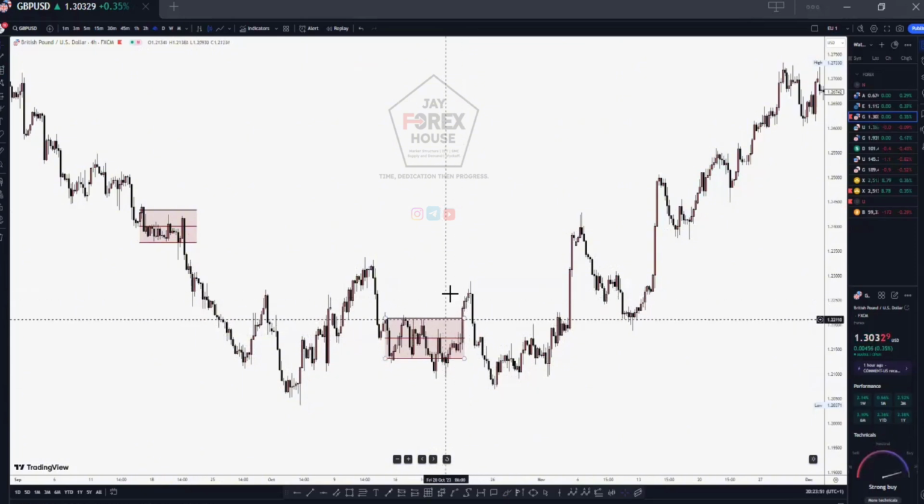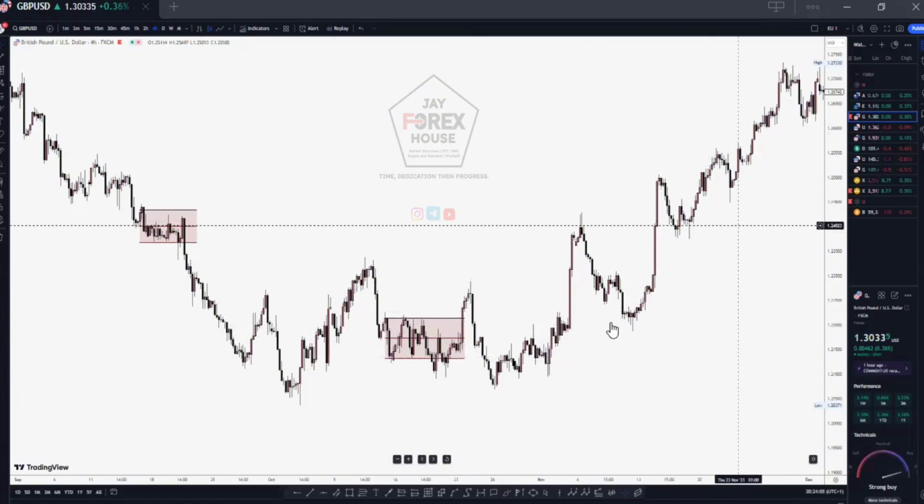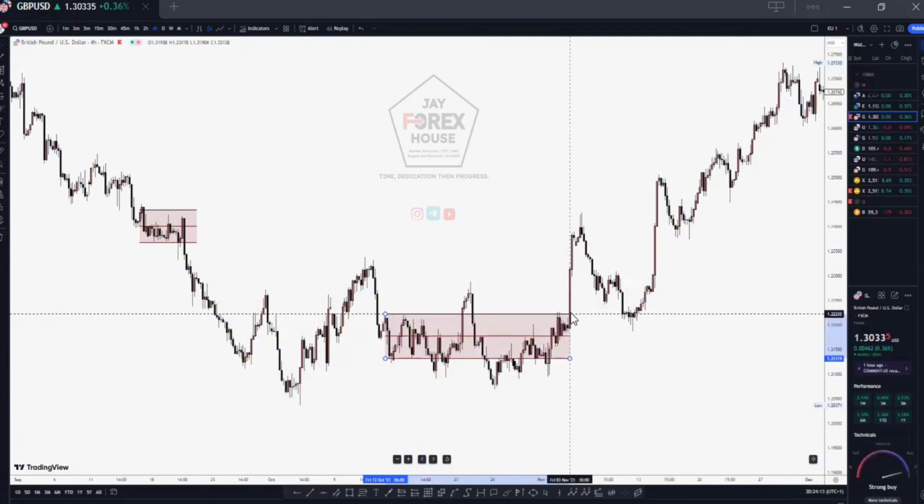So as you can see, the law of cause and effect comes in: when you see a smaller accumulation, you expect a smaller result. When you see a bigger accumulation, you expect a bigger result. So these are all accumulations happening here. And this manipulation we see at this point gives us an example of a reaccumulation happening just at this point.